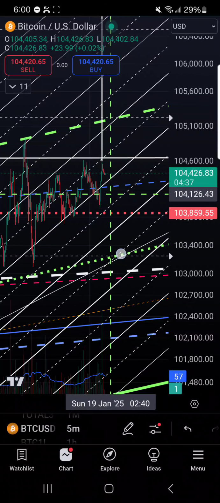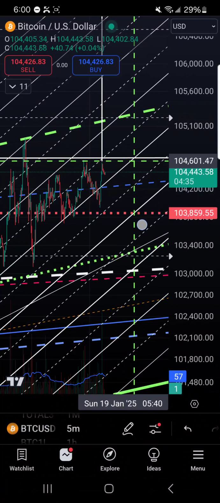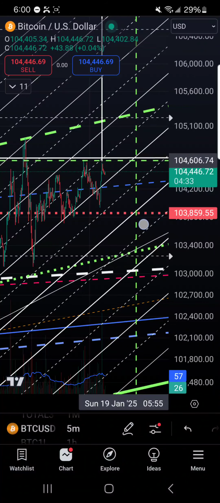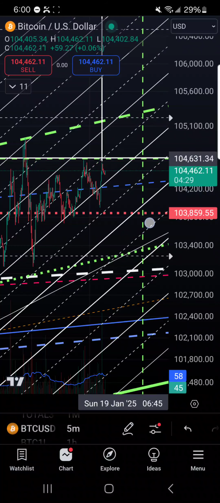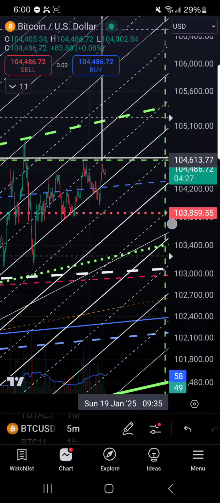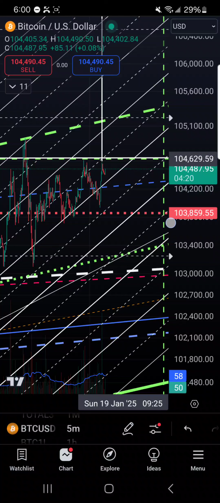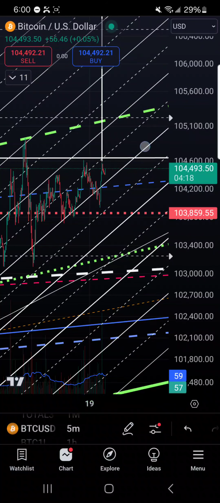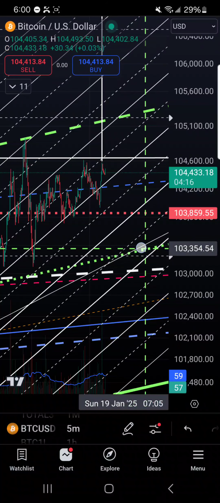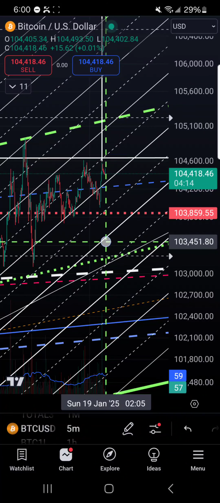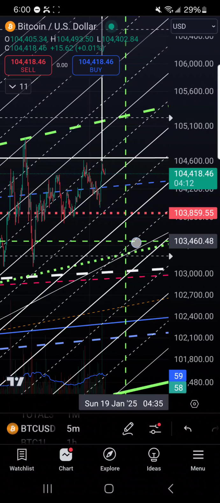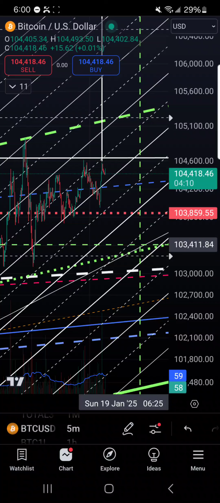So if these were to hold, then still we should be breaking out within the next few hours. I mean, the edge at the end of this comes to 9 o'clock UTC tonight, and it is currently 2 o'clock UTC. So within the next 7 hours, we got to make a decision one way or another.